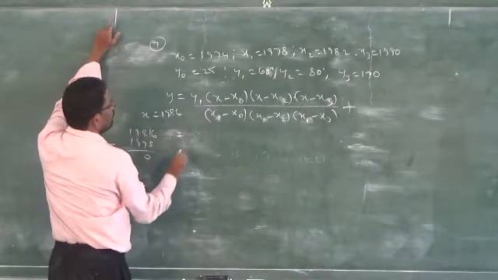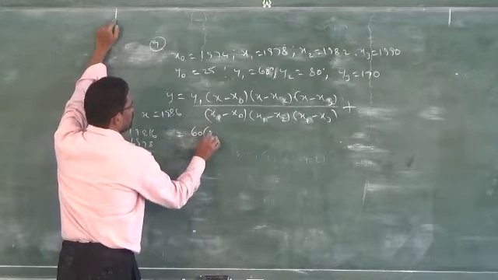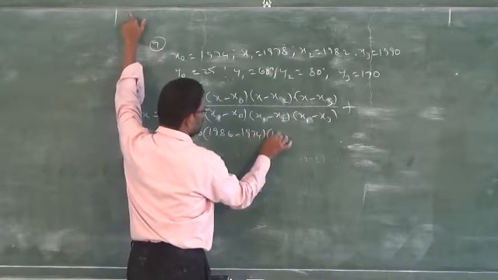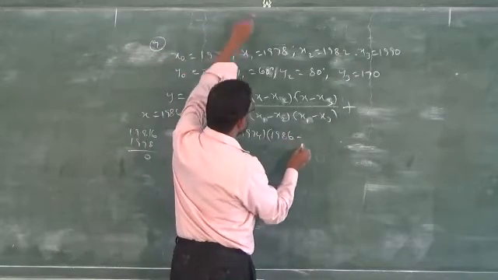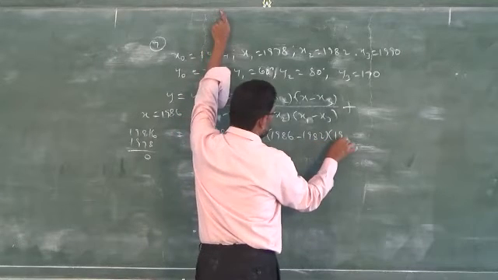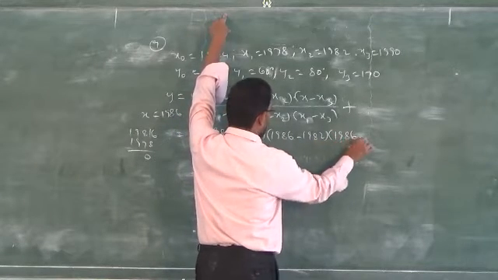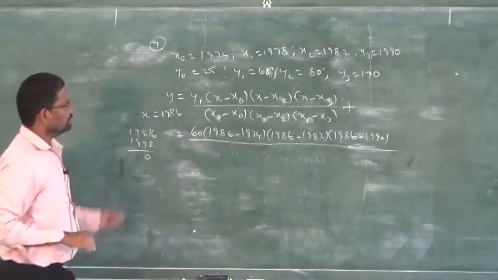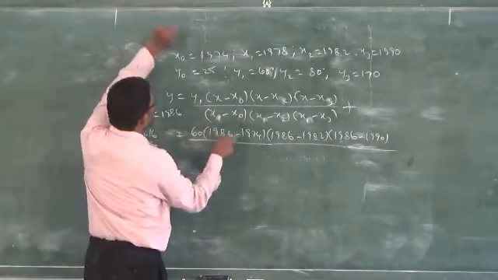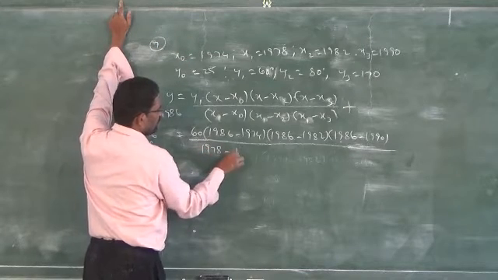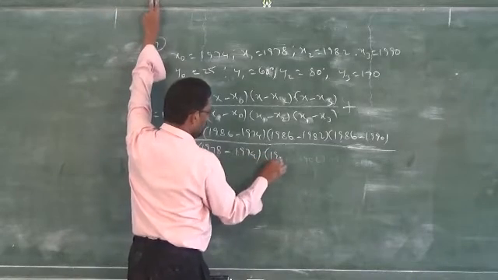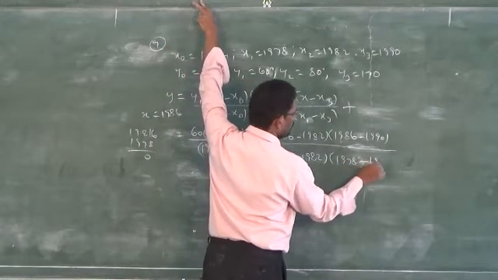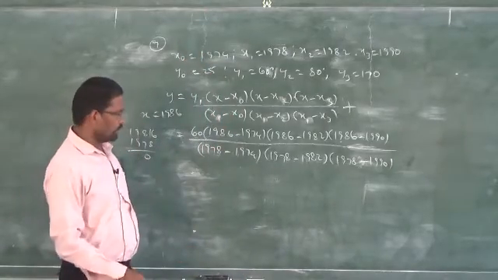Again I am replacing y1 by 60, times (1986 minus 1974), times (1986 minus x2, 1982), times (1986 minus x3, 1990), over x1 minus x0: 1978 minus 1974, 1978 minus 1982, 1978 minus 1990. There won't be any difference in the denominator.